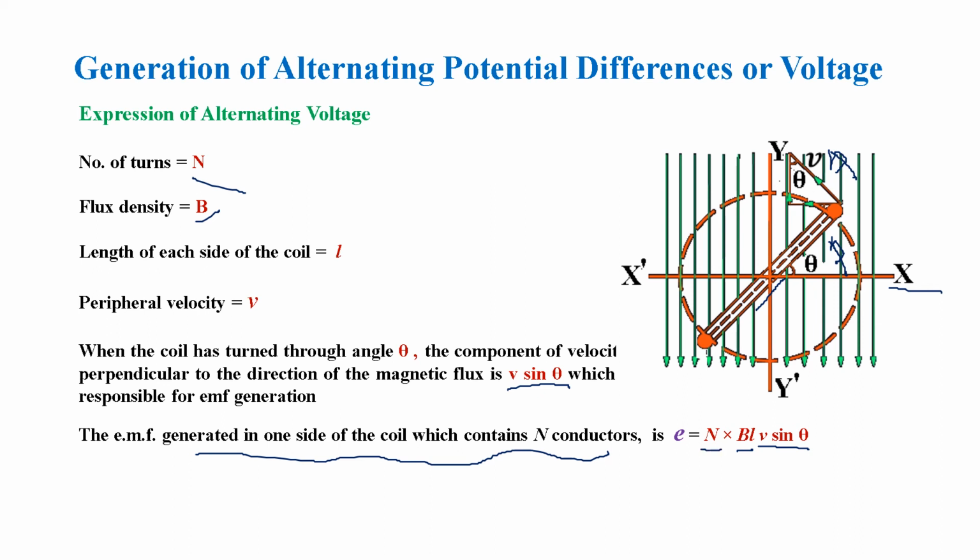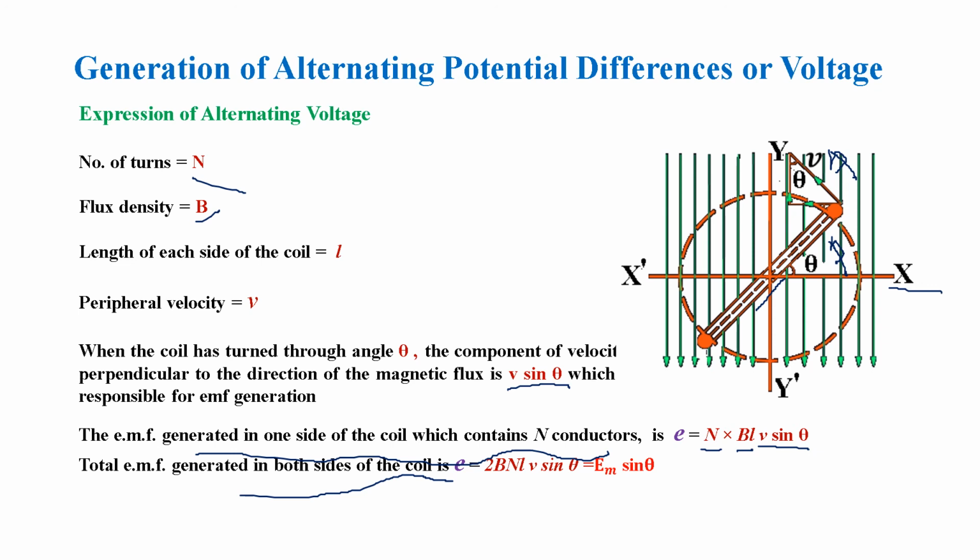If the coil has a single turn, this is simply BLV sin theta. But for the general expression, the EMF generated in one side of the coil is n BLV sin theta.